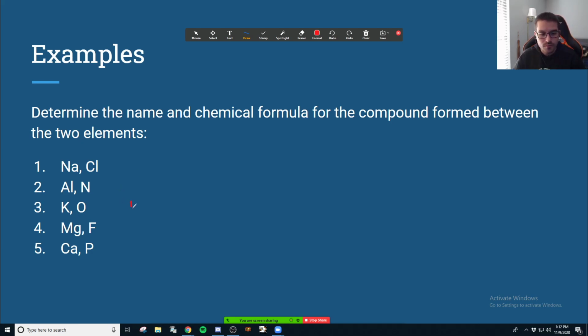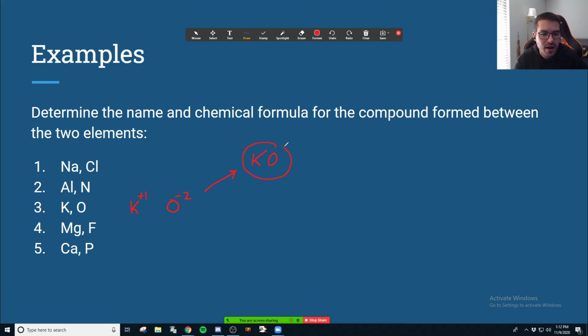So number 3 here, potassium and oxygen, my charges are going to be +1 and -2. I can look on the periodic table, find those elements. Those are going to be the charges, +1 and -2. Now, this is not going to be a 1-to-1 ratio. Because if I said my formula was KO, that would be 1 potassium, 1 oxygen.